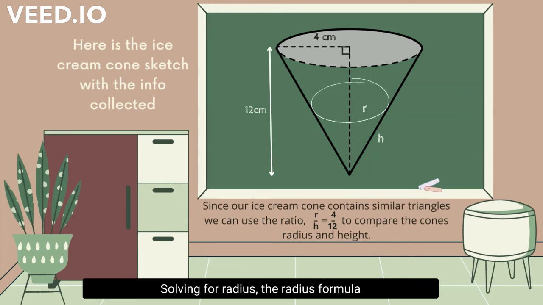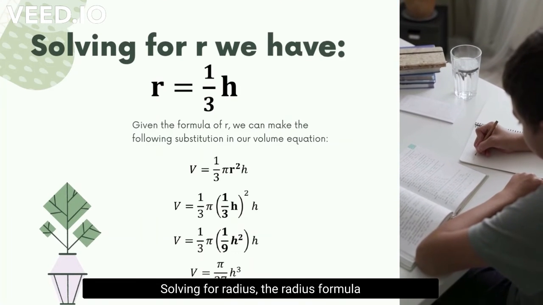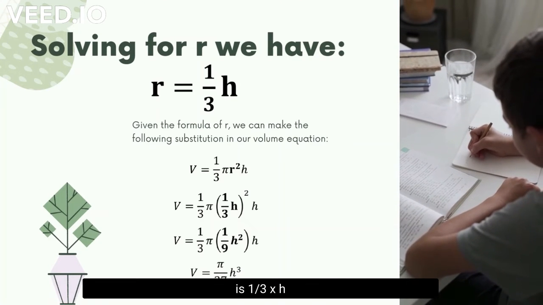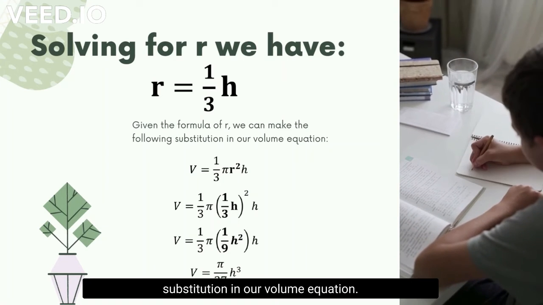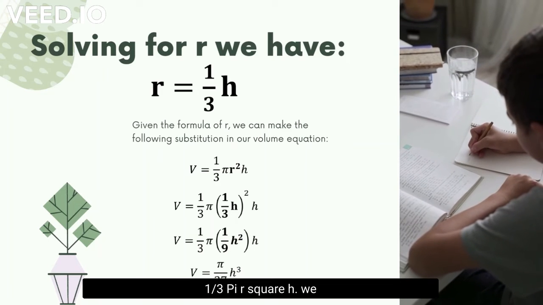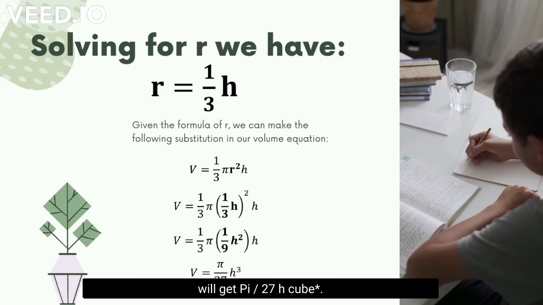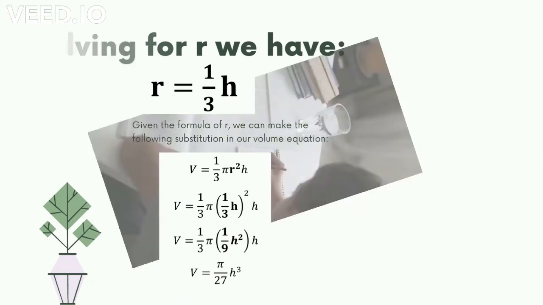Solving for radius, the radius formula is r equals 1 over 3 h. We can make the following substitution in our volume equation, 1 over 3 pi r squared h. We will get pi over 27 h squared times h, which is h cubed.